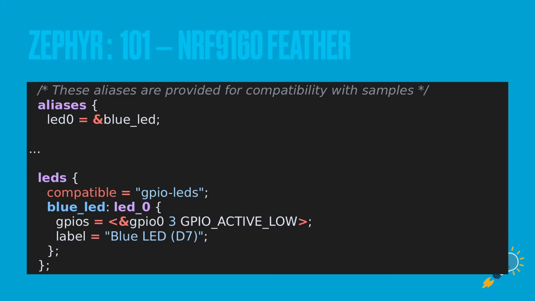In this case, both of them were set up, so you can see here. This is what I did in the common DTS file. You can see LED 0 is the blue LED, and further down in the file, you can see how the LEDs are defined. We're using port 0, pin 3, and it is active low.